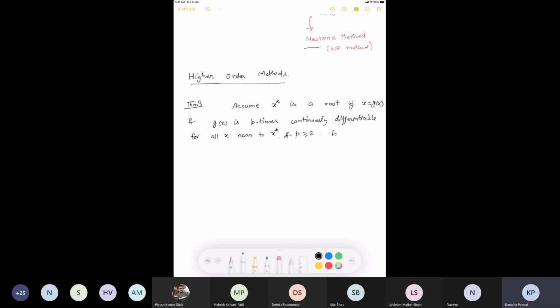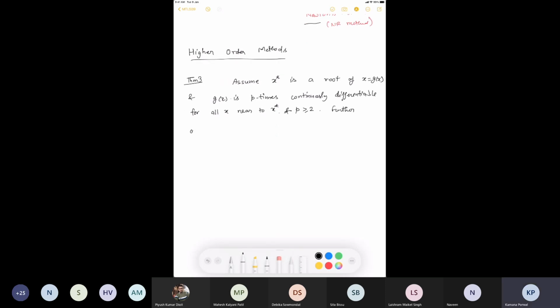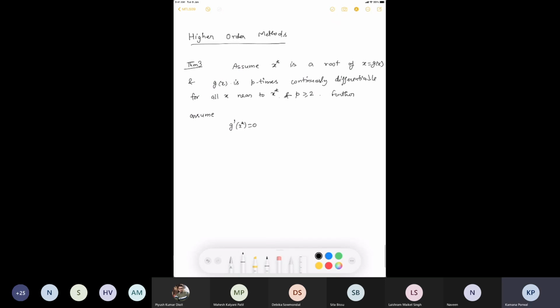Okay, and further, assume that g prime of the x star is equal to 0, g double prime of the x star is equal to 0, that is, all the derivatives of g up to the order P minus 1 vanish at x star. Okay.